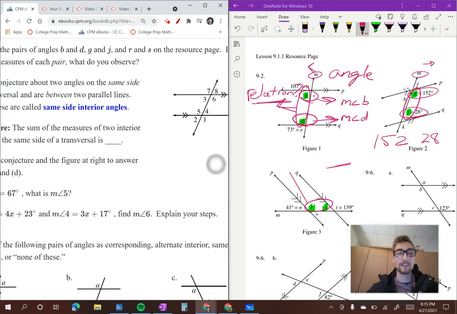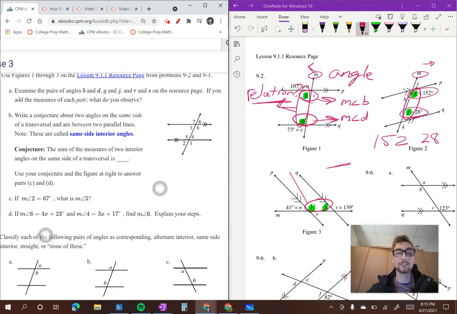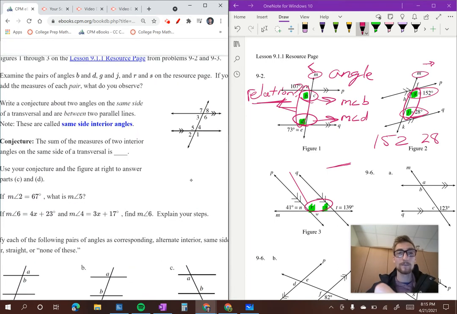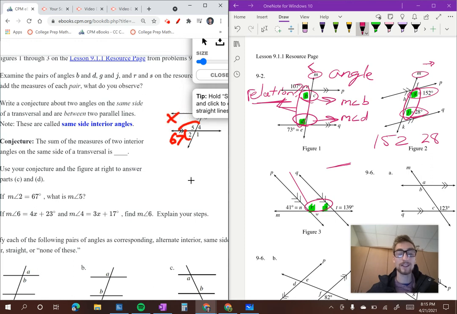And you're going to have to fill in the missing information. All you do is you write in 67 for angle 2, that's the measure there. And then angle 5, that's what we're looking for. So you could call this x, or you could just call it the measure of angle 5.